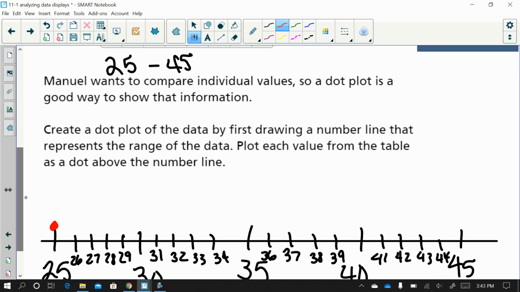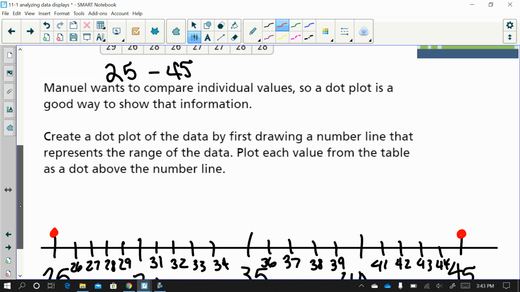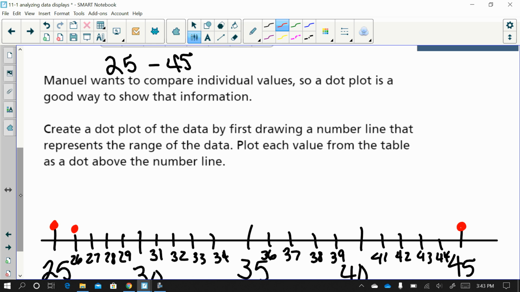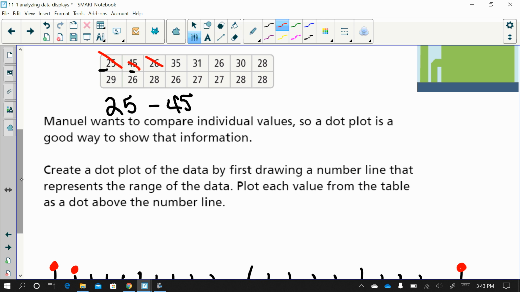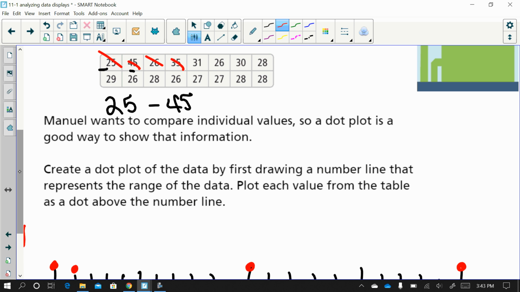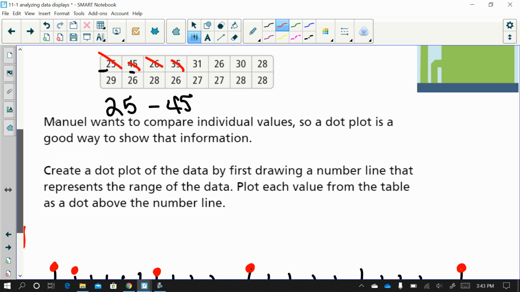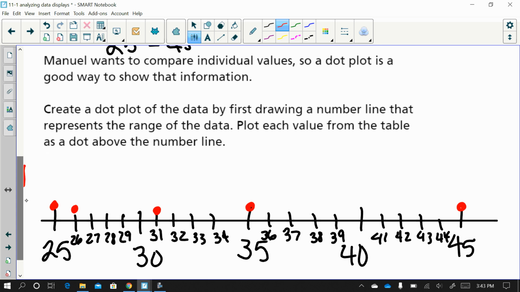Okay, 45. Okay, 26. 35. Oops. 31. 26. 30.